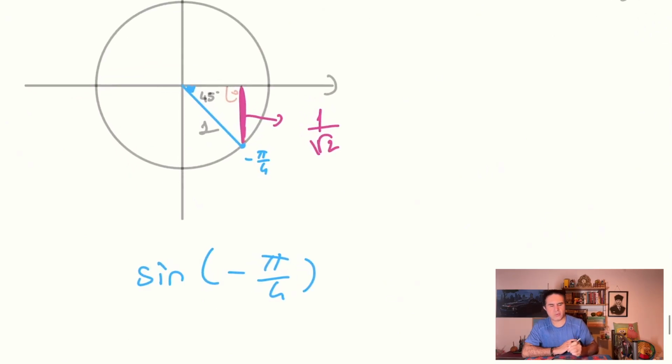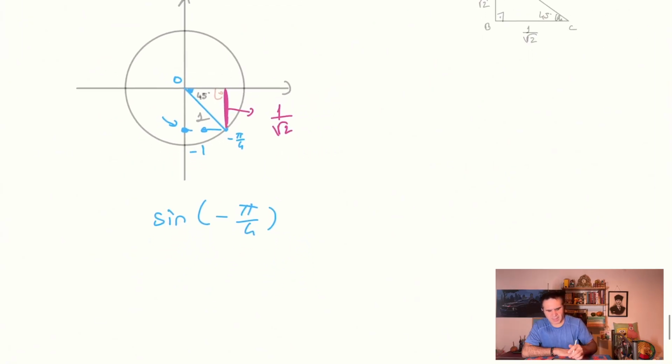Sine value of minus pi over 4 is here. And this value is between minus 1 and 0, or it has a minus sign. Then sine of minus pi over 4 will be minus 1 over square root of 2.